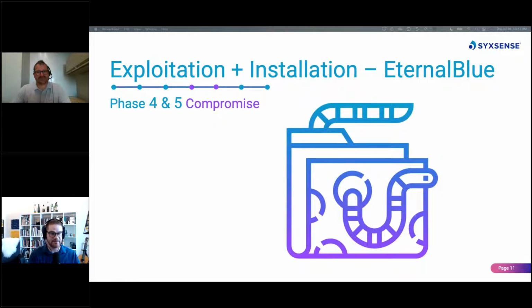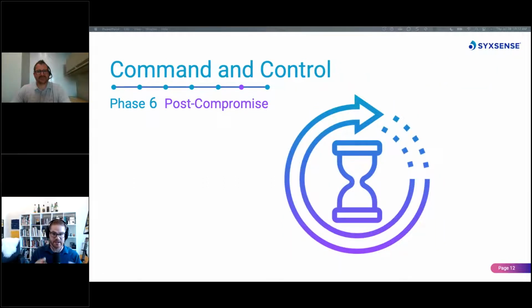And then after implanting the DoublePulsar backdoor, Eternal Blue would then expand its presence. This process is called worming. Essentially, they would use a device with Eternal Blue as a port scanner in the internal network. So we're no longer talking about the internet, we're talking about your corporate domain.